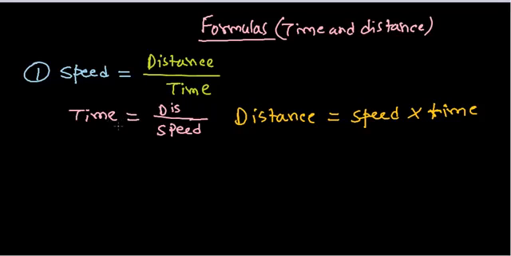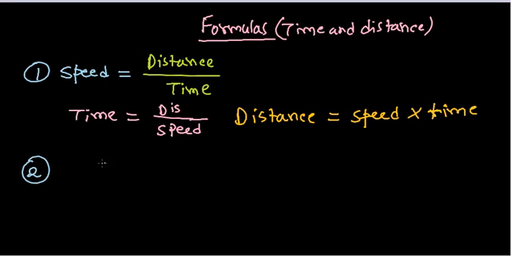Once it's done, the second thing that we want to study is also very important, because most of these problems have challenges regarding the conversion of units. They can give you kilometer per hour, sometimes they can give you meter per second. So it's always a good idea to keep all units in the same format, because otherwise it becomes a huge problem and you probably fail to get the answer.